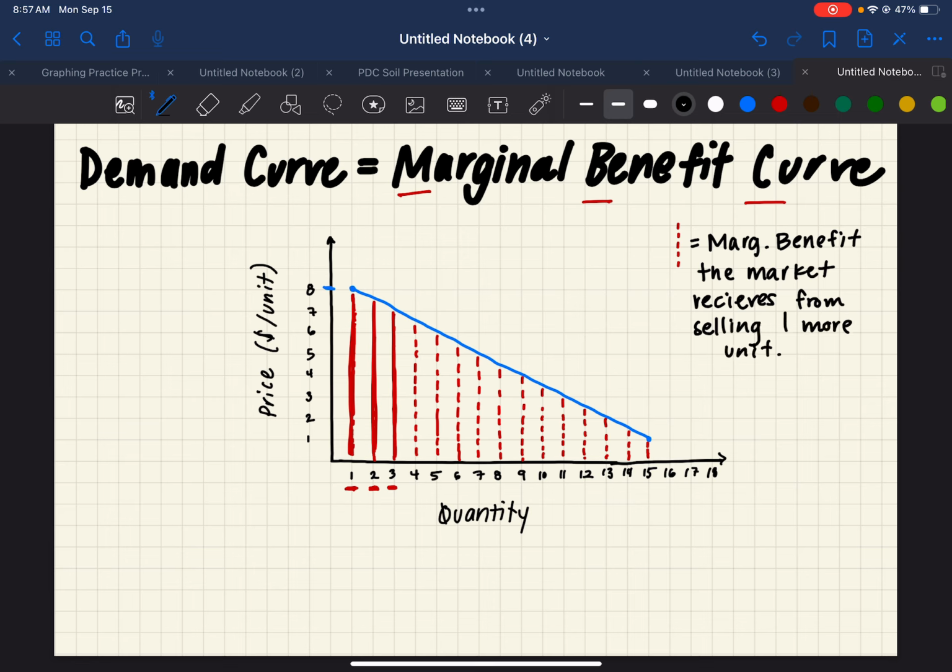Each of those lines is a marginal benefit line. So that's why we call this the marginal benefit curve. Same thing as the demand curve. We're just looking at it from a slightly different angle, and it tells us something a little bit different about our data set. So that's the marginal benefit curve.